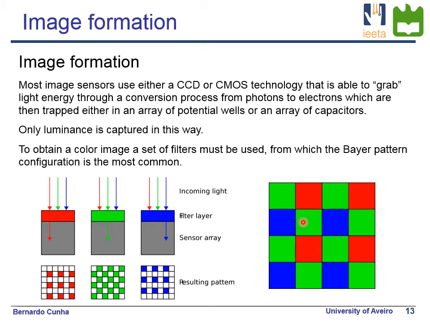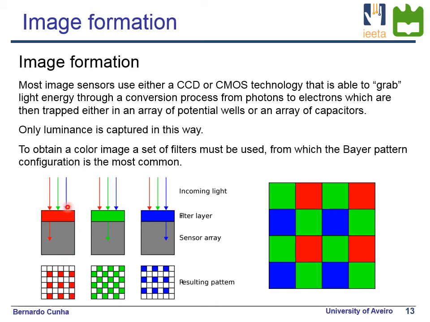The luminance resolution can be modeled by the information gathered on each of these 4 pixels. So basically, based on this one and on its neighbors, there is a weighting factor, and therefore, from the luminance point of view, you can still use the original resolution that you can see over here. So the filtering pattern is similar to what you can see here in the view from the top.